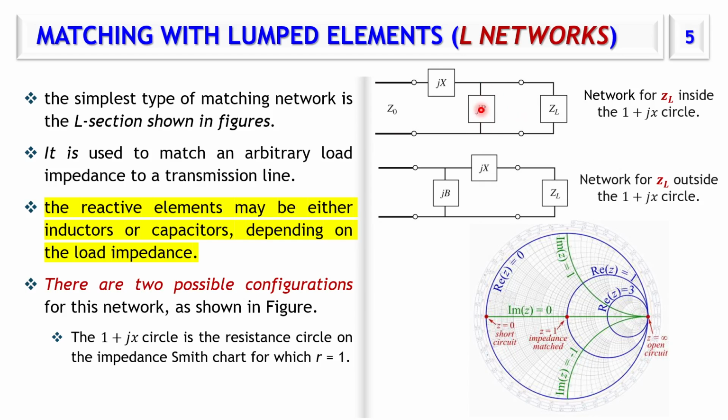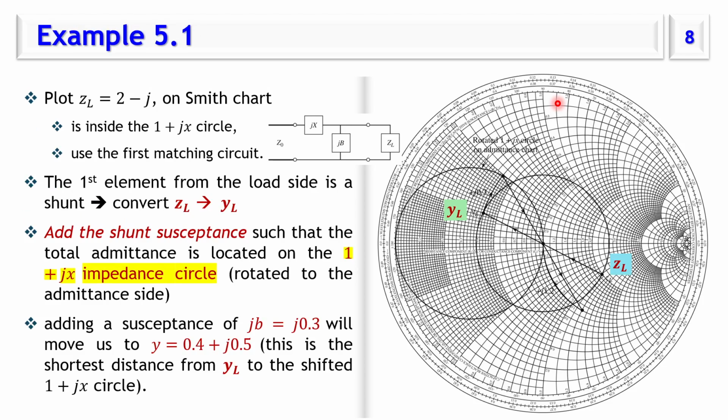For the first type, we have a load, then the shunt element is in parallel with the load. When we are dealing with two elements in parallel, it's better to use the admittance, so it will be a simple addition. Anyway, let us see the steps.